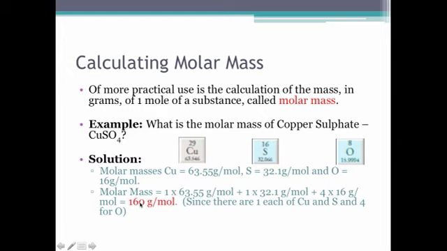Okay, so what's the molar mass then? You just add them up. So we've got 1 copper, so 1 times that amount, 1 sulfur, that amount there, and 4 oxygens, so it equals 160 grams per mole. Note the use of the units. It's most important that you get your units right.